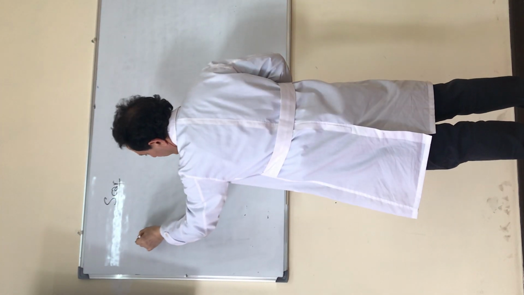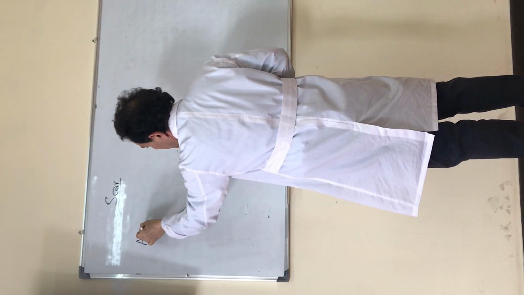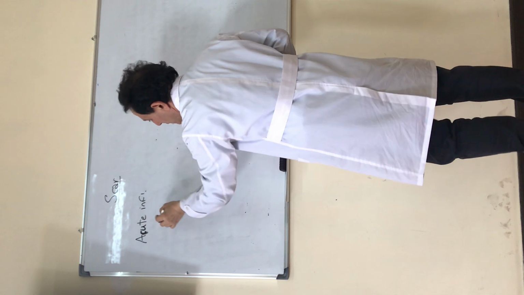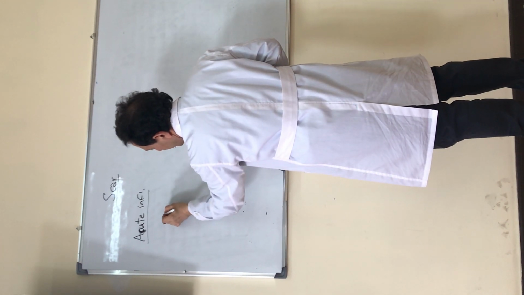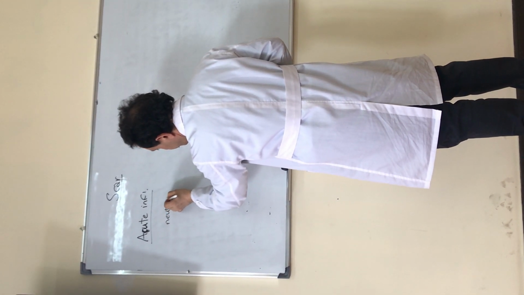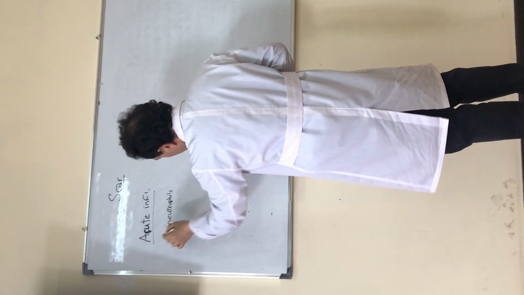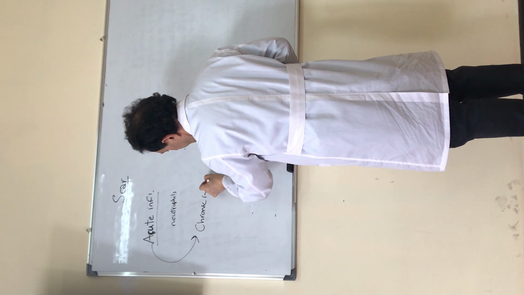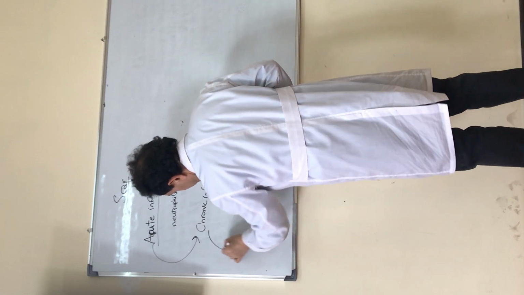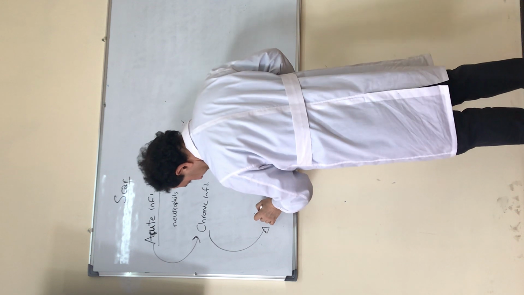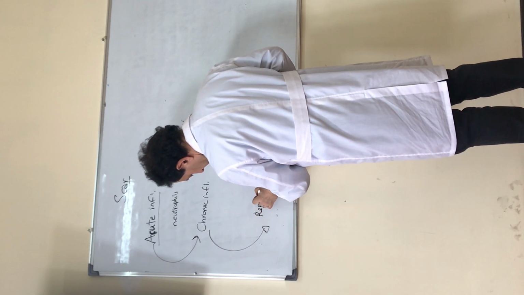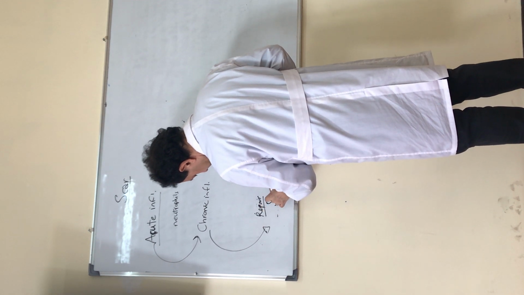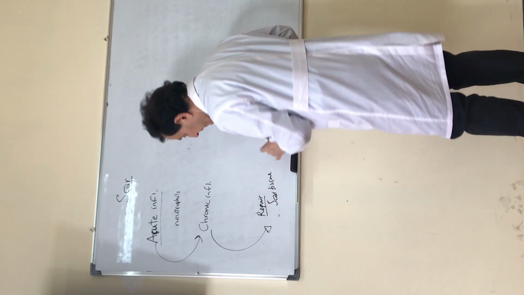First of all, we have acute inflammation when there is an injury. In acute inflammation, neutrophils are accumulated. Then this acute inflammation changes to chronic inflammation. And then this chronic inflammation should be repaired, maybe repaired by scar tissue formation.